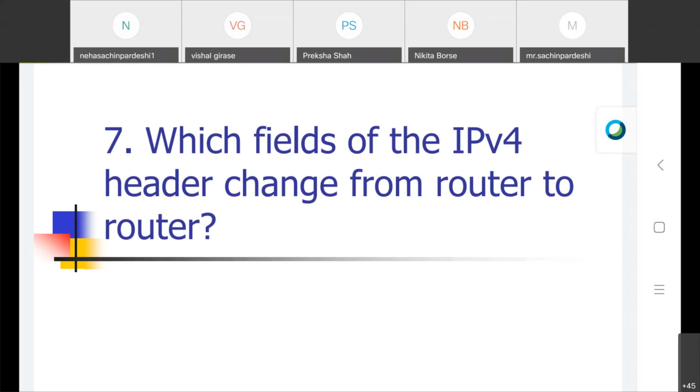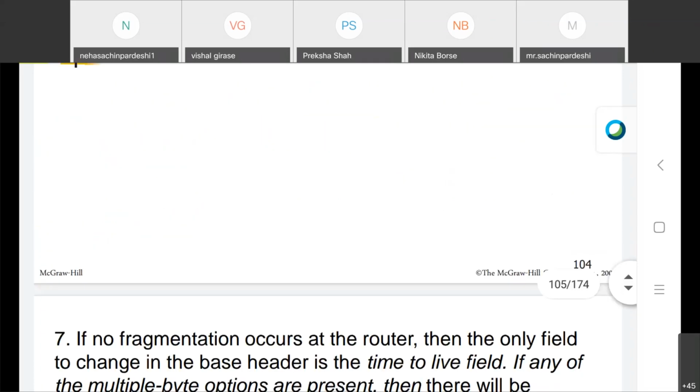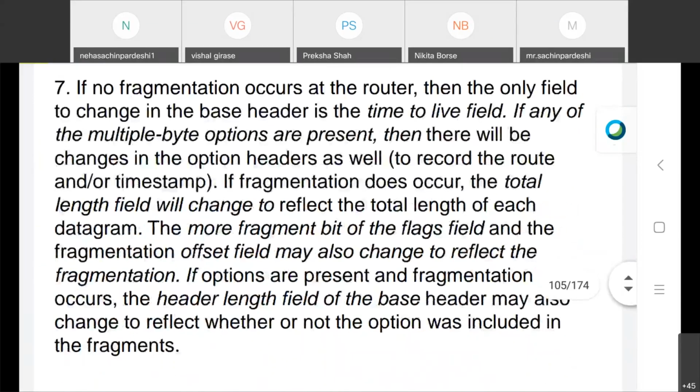So if the datagram is not fragmented, only the time to live field changes. But if the datagram is fragmented, then many fields change, like the total length, the offset value, and the flags. So these are the different changes when your datagram moves from one router to another.